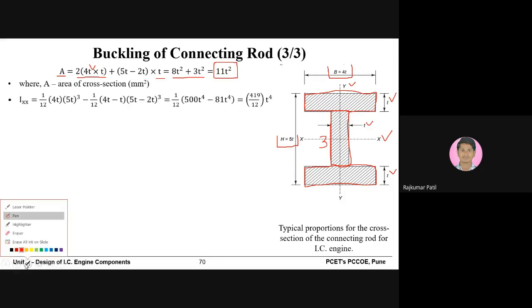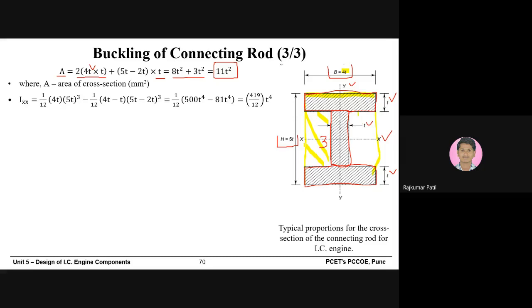Then take the moment of inertia about the x-axis. So you can see 1 by 12 into 4t, this is the width, into 5t cube. This is the first term, minus 1 by 12 into 4t minus t into 3t cube. This portion must be deducted from the total.